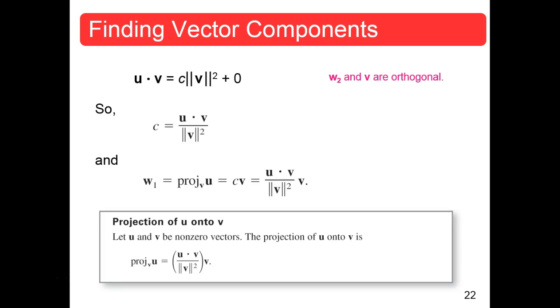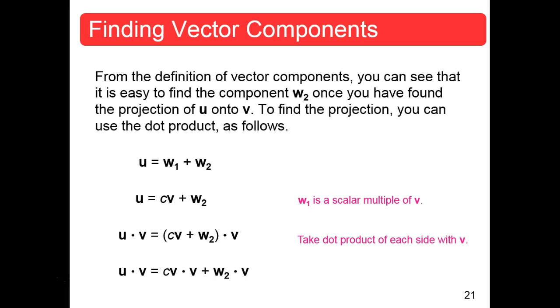All right, where do we go with that? From what we've already said, W2 is perpendicular to W1. Remember that was given. These are the perpendicular components. And since W1 is in the same direction as V, W2 and V are perpendicular to each other.